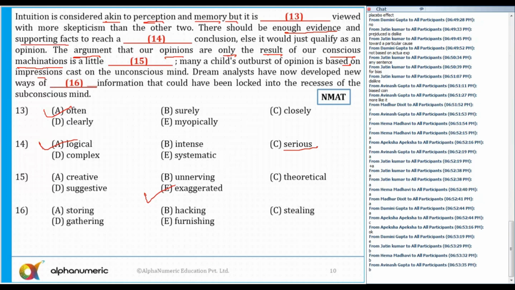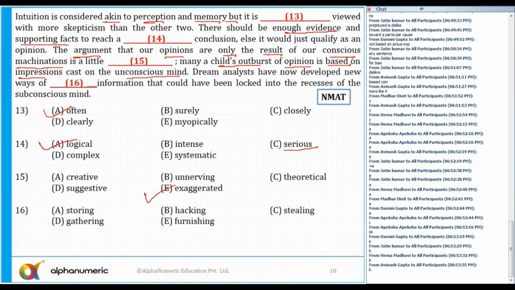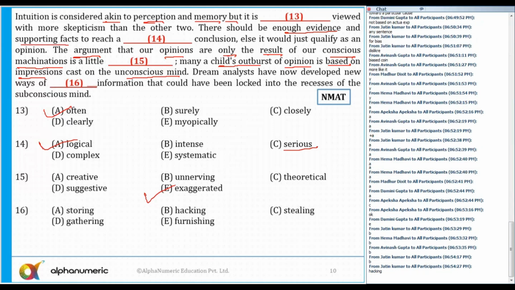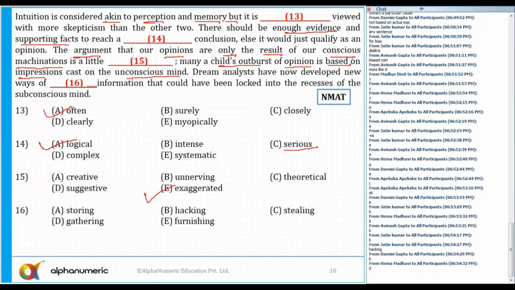If you say that your opinions are formed only by your conscious mind, you are exaggerating things. Because in reality, a lot of opinions are formed based on your unconscious mind. So that is why he says dream analysts have now developed new ways of dash information that could have been locked into the recesses of the subconscious mind.